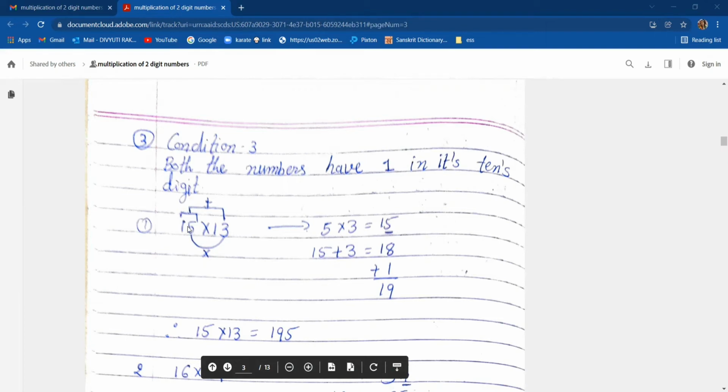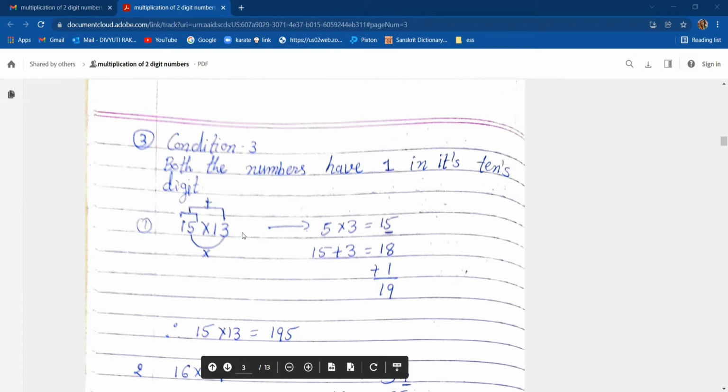So for that, 5 threes will give you 15, that you will keep as it is, and just put an underline over the unit digit, because we will consider this as the unit digit of the final product, and we will take the carry of the tens digit with our next process. What is the next process? You have to add this 15 with the unit digit of the second number.